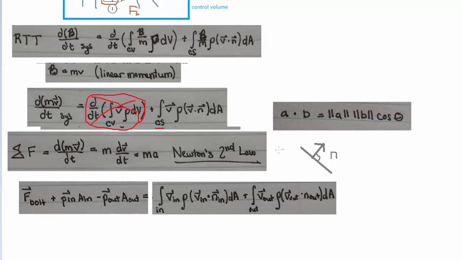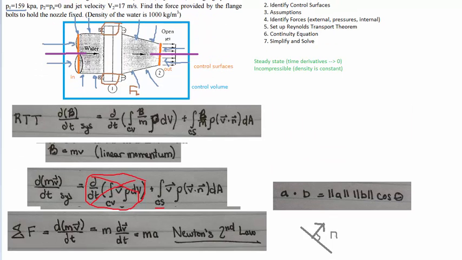This might be a little confusing, so I'm going to go back up to the picture and show you what I mean. We have the velocity of the flow of this water going through, that's a vector, and we have this unit normal vector of the surface.